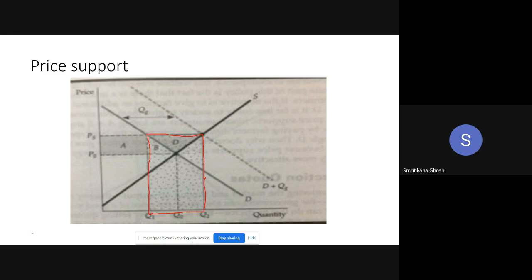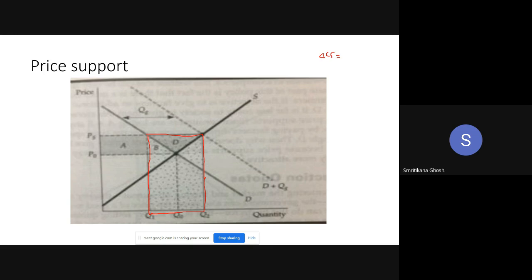Now we are going to check again the consumer surplus and producer surplus portion. The change of consumer surplus. Initially, the price for the consumer is P0. Now, for the consumer, the price is PS. So what is the consumer surplus? The area below the demand curve and above the equilibrium price. So tell me, what is the change of consumer surplus here?